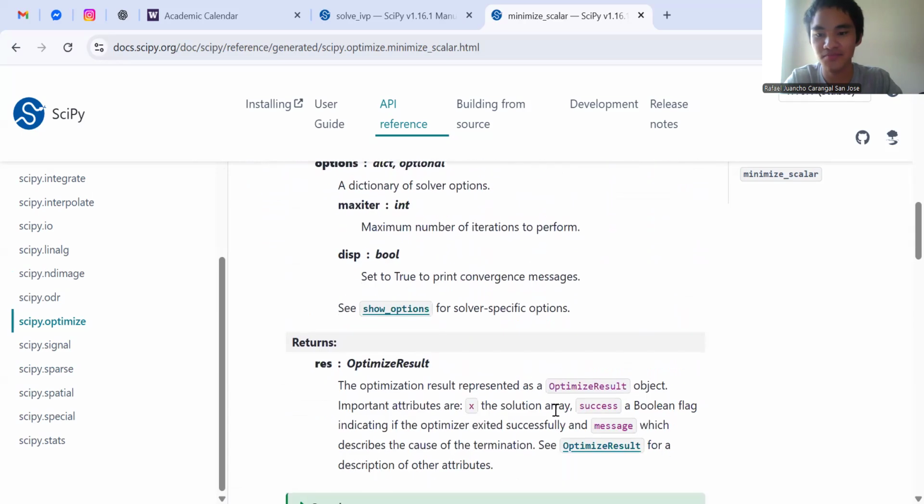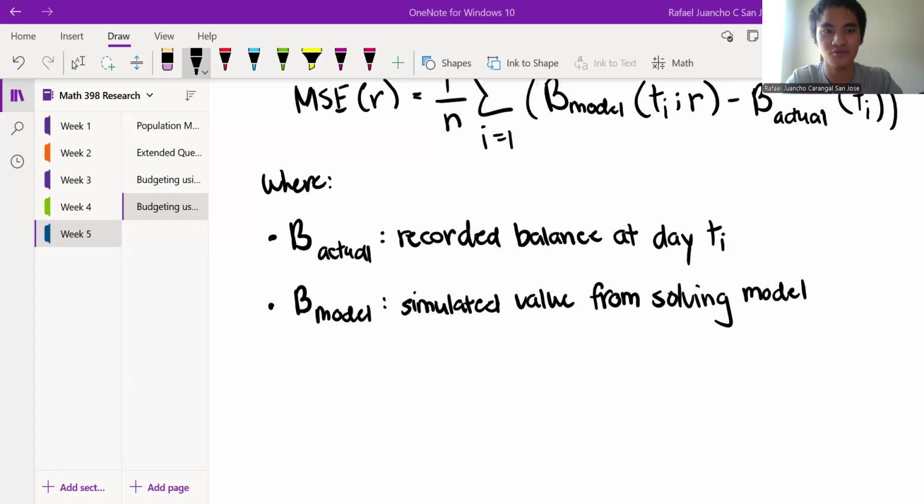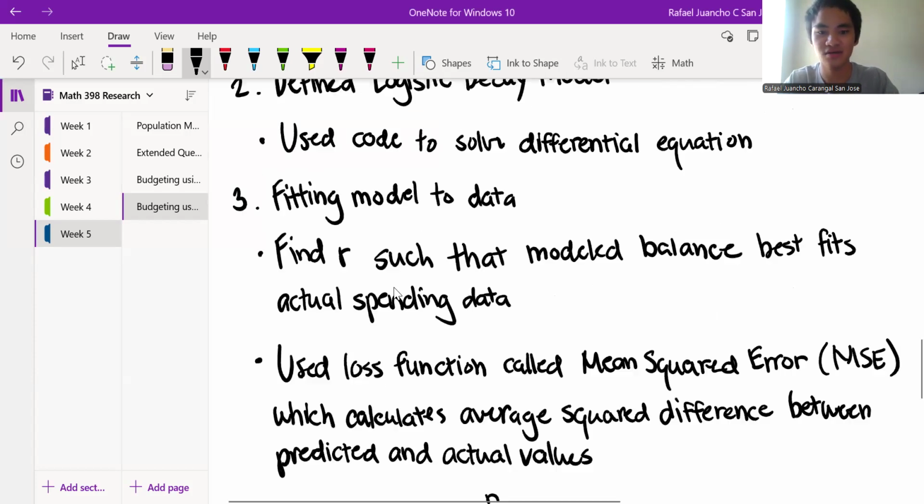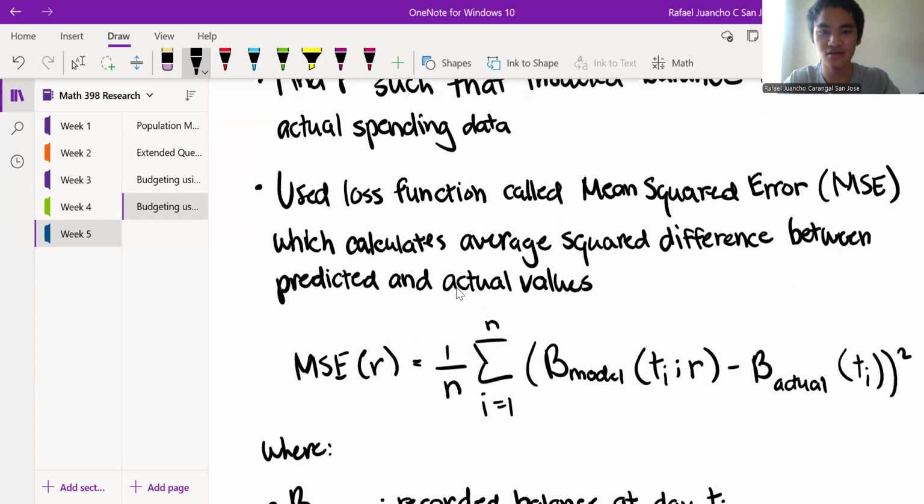Now going back to my, where in the world am I at? Okay. So what I basically did was, again, I use code to minimize MSE and find the best value of R, right?